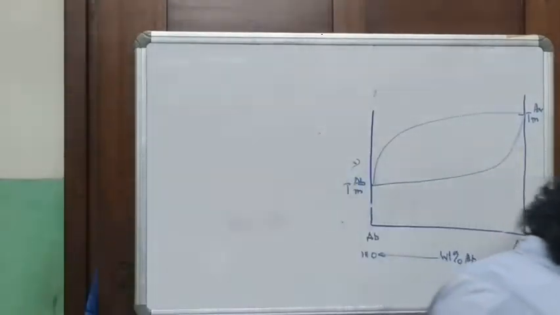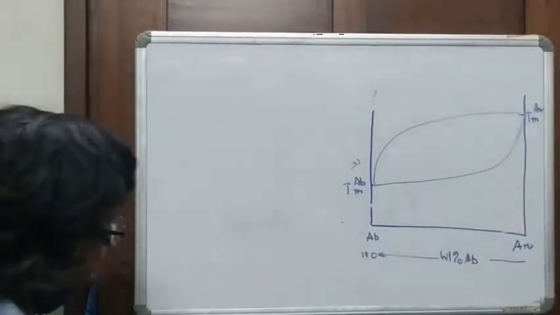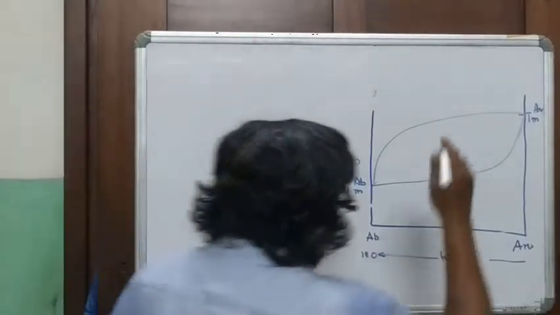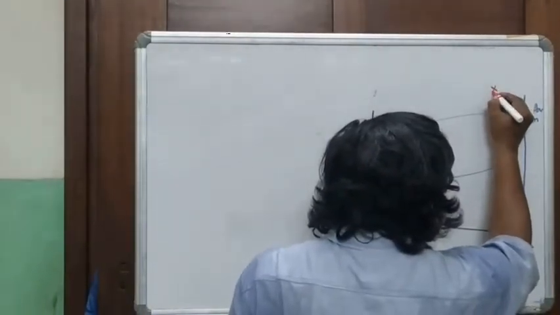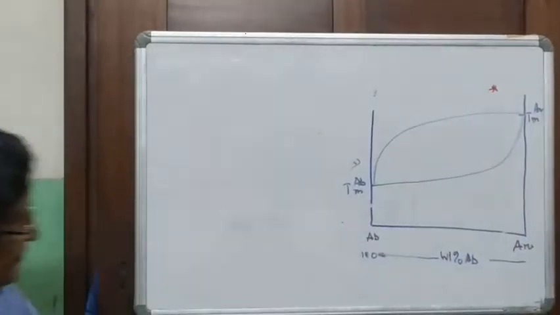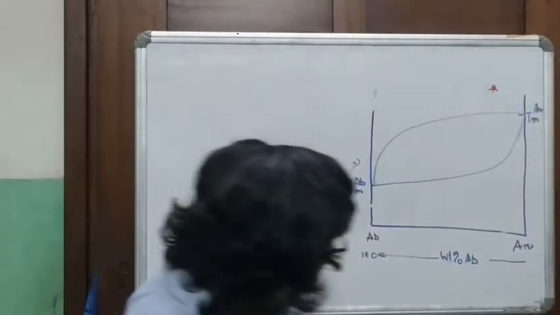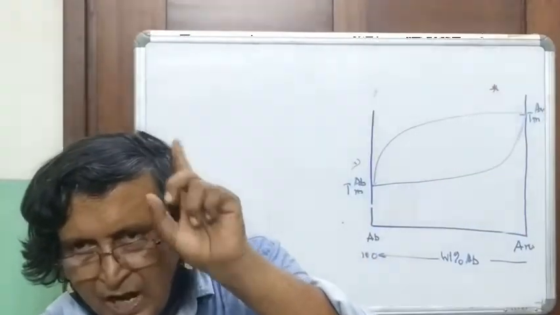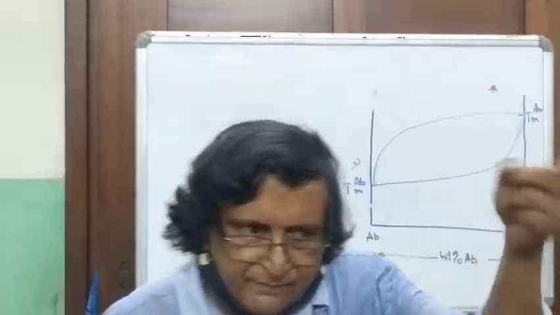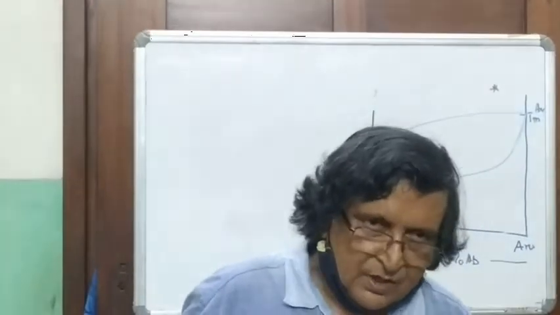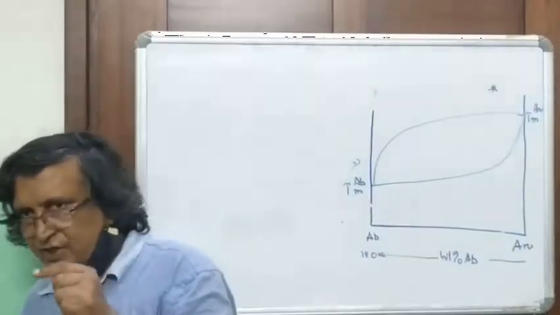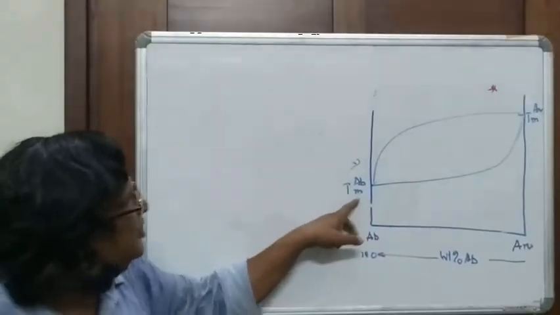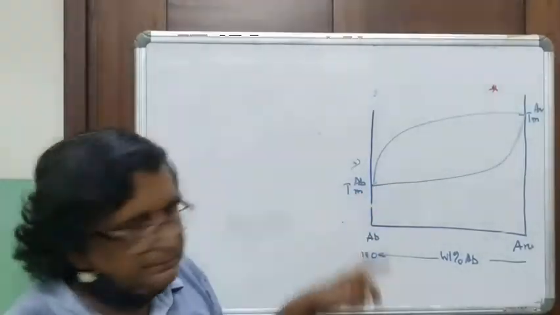Now you see here. If I take a liquid point here, remember, anorthite is a high temperature form. Anorthite has a much higher temperature than albite. Anorthite melting temperature is very high compared to that of albite. So that is why I have shown this in a relative scale.